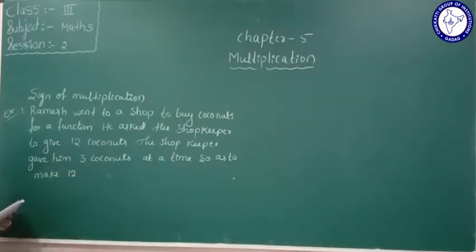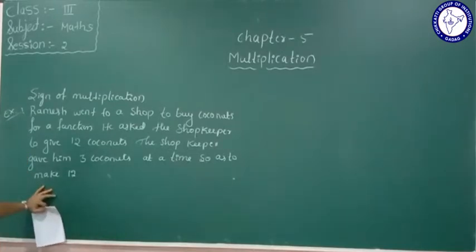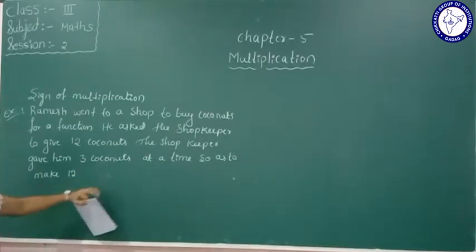Okay, see students, Ramesh went to a shop to buy coconuts for his function. He asked the shopkeeper to give 12 coconuts. The shopkeeper gave him 3 coconuts at a time to make 12. So we can give 3 coconuts in one time.